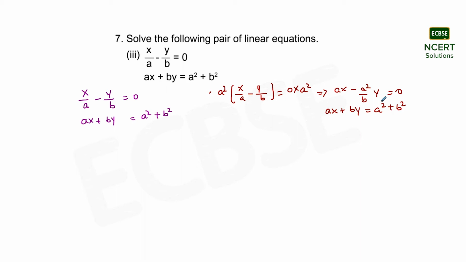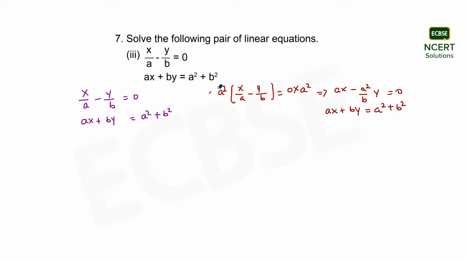So these are the two equations which I'll obtain such that the numerical coefficient of the variable x is the same in both cases. This is the first option which I can opt for.